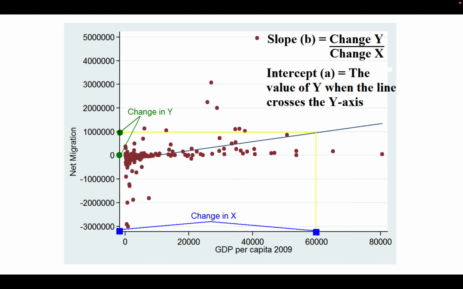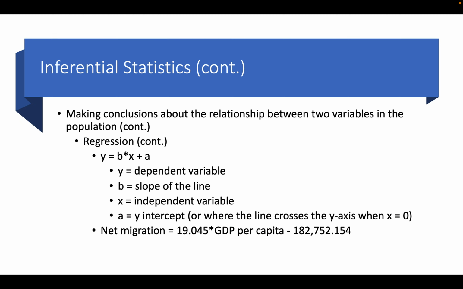And so we'll be able to show this all numerically. If we just estimate an equation, this regression analysis will show us that the y-intercept is around minus 182,752.154.